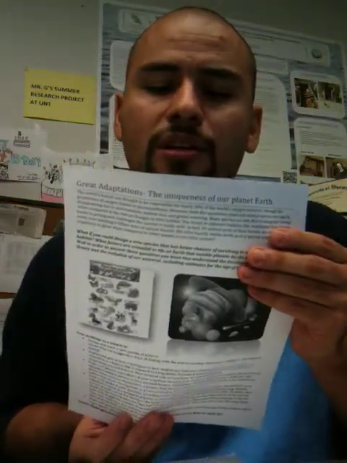But the entry document, the title of the project is Great Adaptation, the Uniqueness of Our Planet Earth. The world's forests are thought to be responsible for nearly 30% of the world's oxygen turnover through the production of oxygen thanks to photosynthesis. However, both the numerous plant and animal species are rapidly disappearing due to deforestation, habitat loss, and global warming.